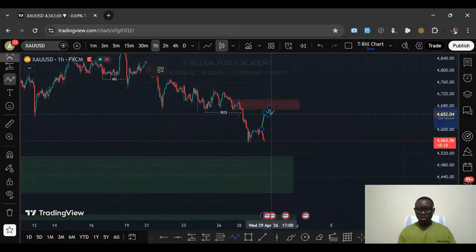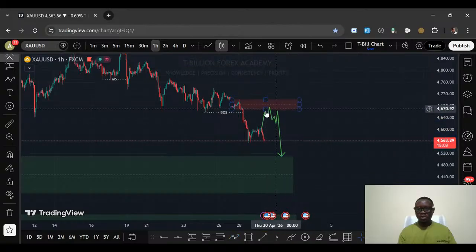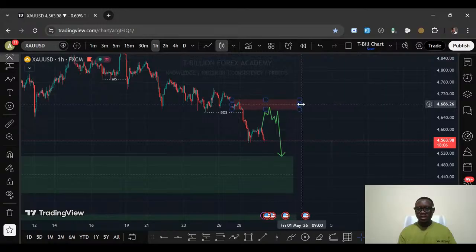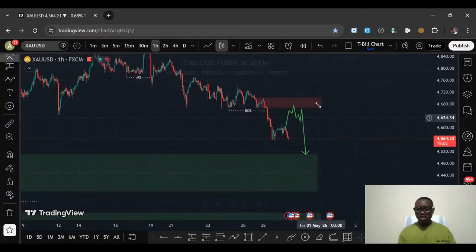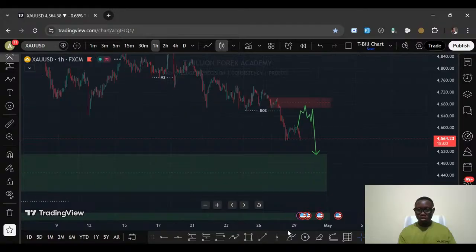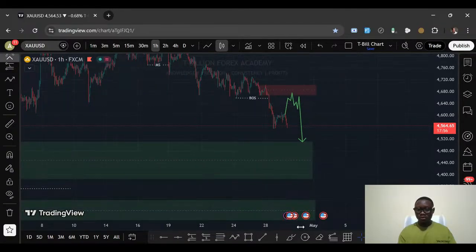So this is what I would anticipate price to do. That's all I'm going to be taking, which is sell. This is a pattern I would expect at this POI, and I'll be shorting it downward. Okay, but for now, let's still continue to observe the price action.